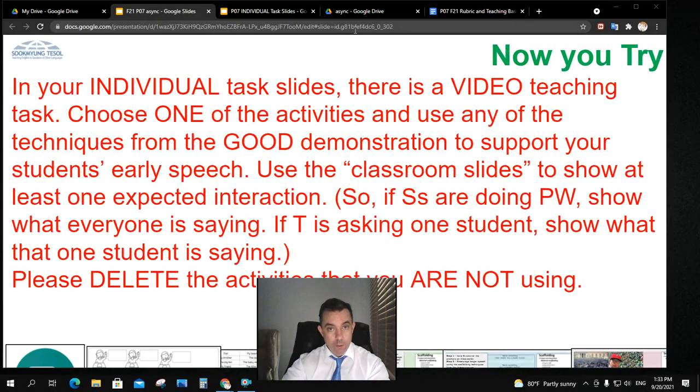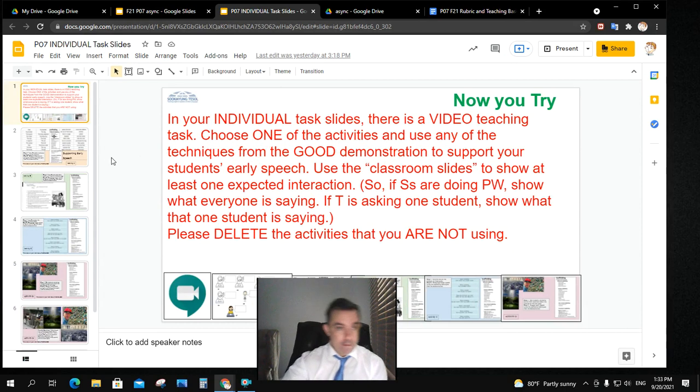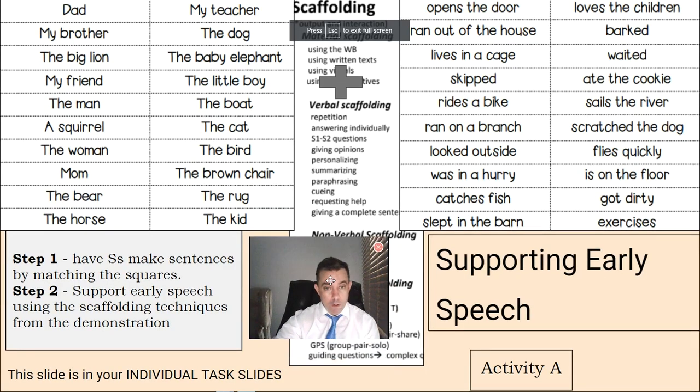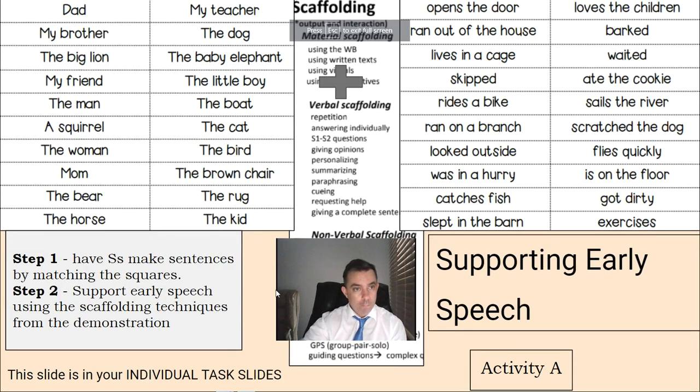If I take you to your individual task slides, they look exactly like what I was just showing you. Here's one. In this one, students make sentences by matching the squares. The boat looked outside, or okay, the little boy skipped.